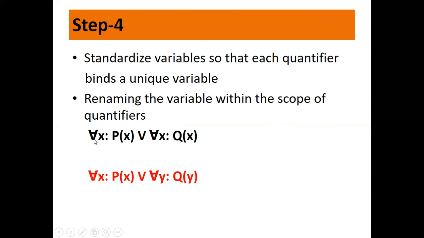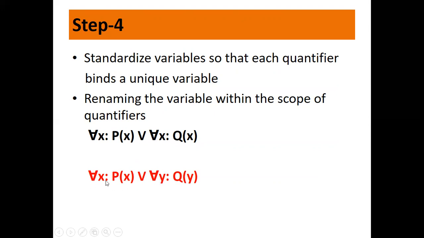Now, if you look here, for all x, we have P(x), and for all x, we have Q(x), right? With these universal quantifiers, which are bound to the same variable, we are going to rename one. So this x will be renamed as y.